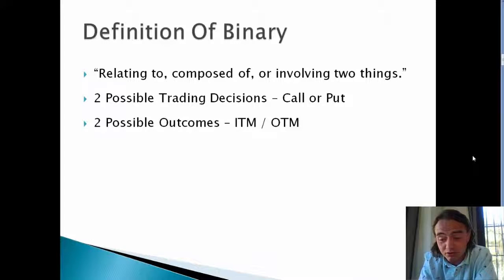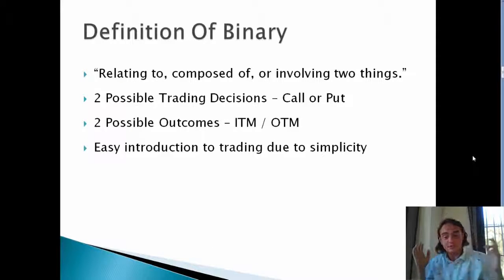I think that varies across the board, but evens is often where the expiry rate is exactly the same as the strike rate. We'll come over this in a little while, but it's not strictly binary in terms of the outcome, because you've got in the money, out of the money, and evens, which is rare. But in that case, normally your money is just returned to you. You neither win nor lose.